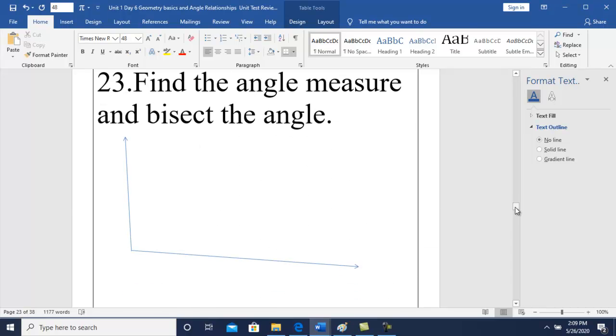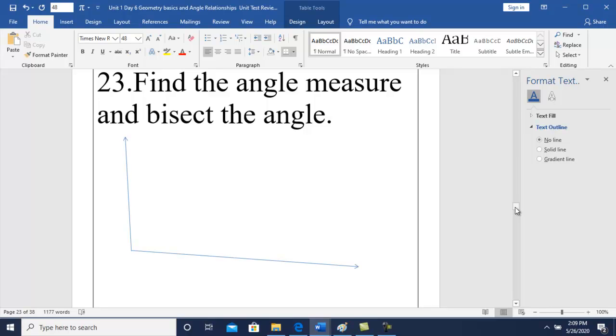Okay, in the example for number 23, find the angle measure and bisect the angle. If I measure this angle using a protractor, it is about 96 degrees.